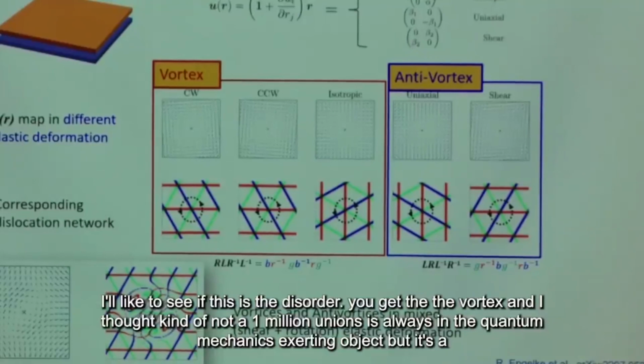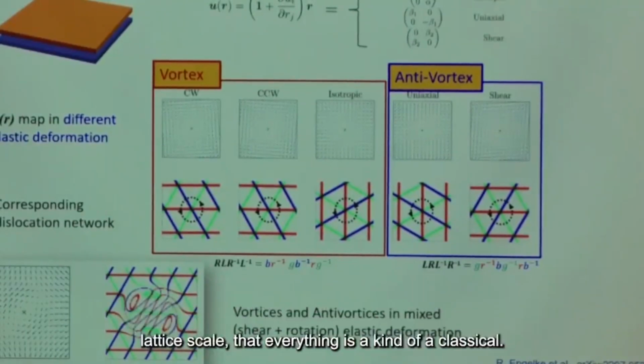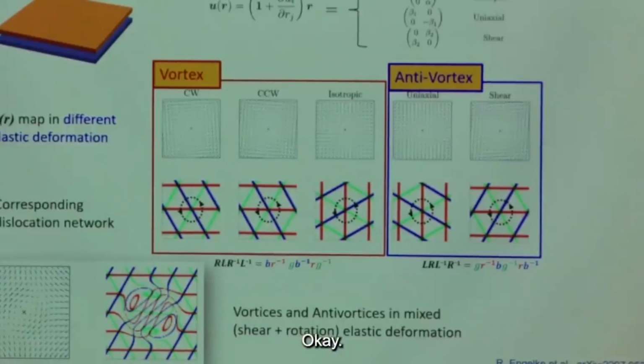I thought non-abelian anyons were always exotic objects in quantum mechanics, but this is at the lattice scale, where everything is classical. I see the visualization. I'm not sure how that is related to the other type of non-abelian anyon, but at least it was interesting to see some visualization. The connection, I don't know. I think mathematicians should figure it out.